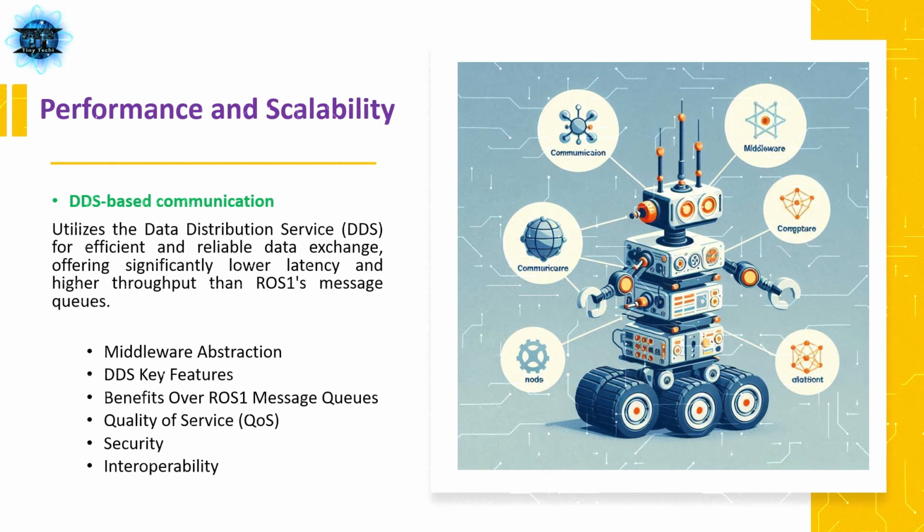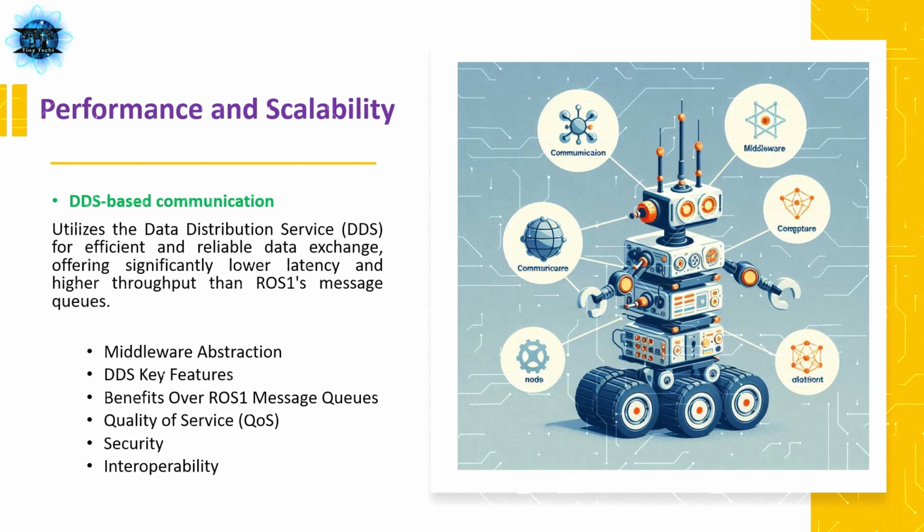DDS lets robot parts do that by publishing, meaning sending information to specific topics, and other parts can subscribe or listen to those topics if they are interested. Why does it matter? It keeps communication focused and avoids bombarding parts with unnecessary information. And the next one is the data centric model.